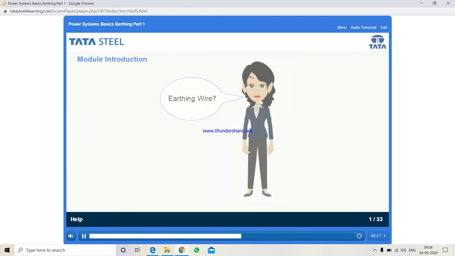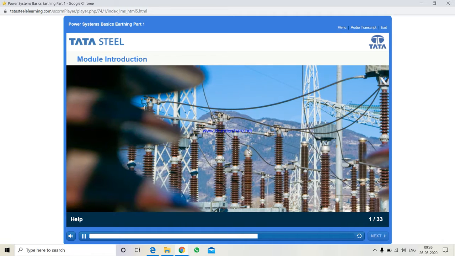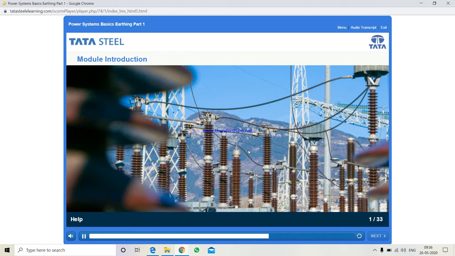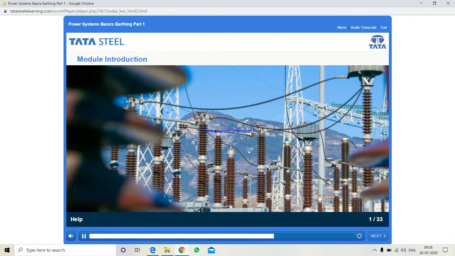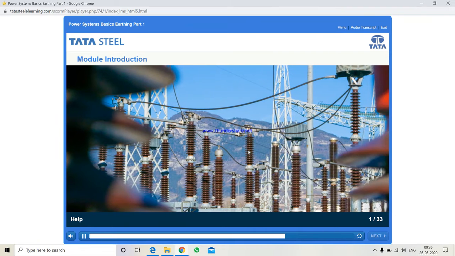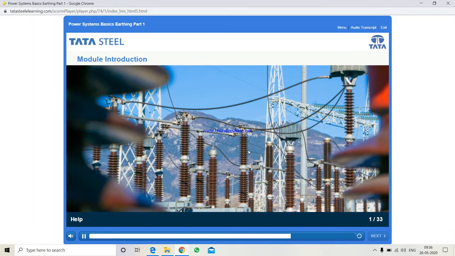Earthing wire? Yes, you heard it right, and that is what this course is all about. As an employee of Tata Steel, apart from metals, one thing that you closely work with is power systems. Therefore, for your safety, it is very important that you are aware of the various aspects of electrical or power systems.